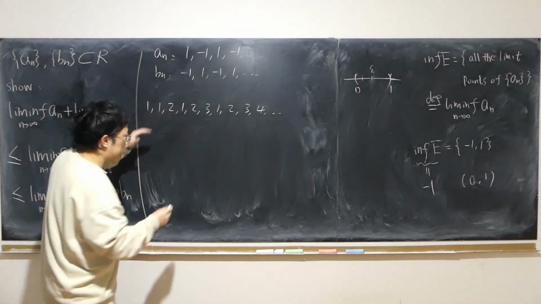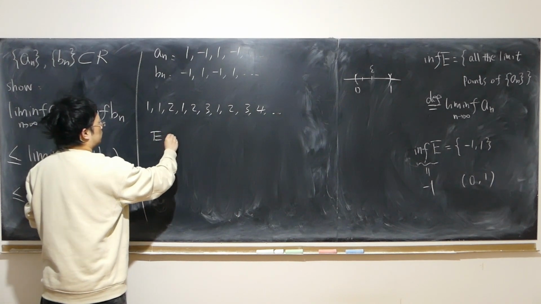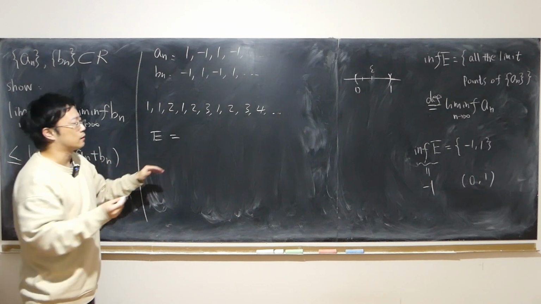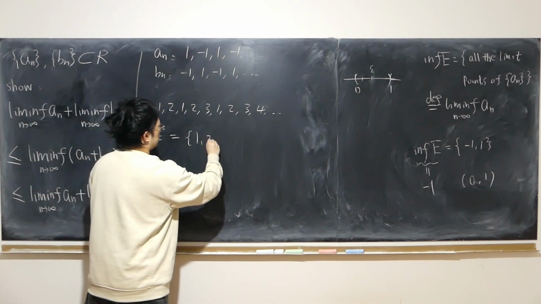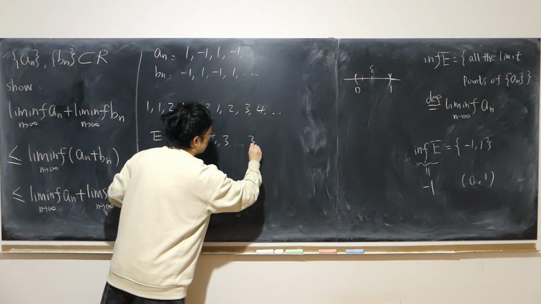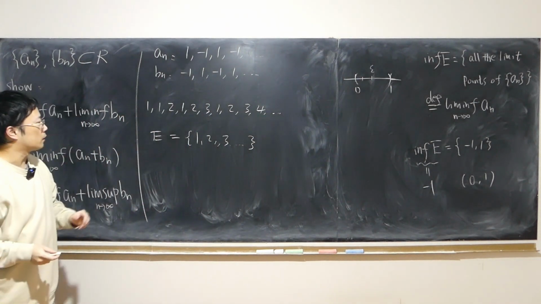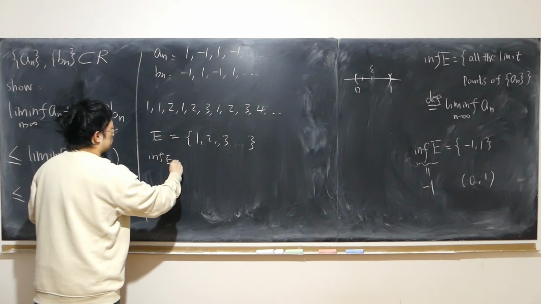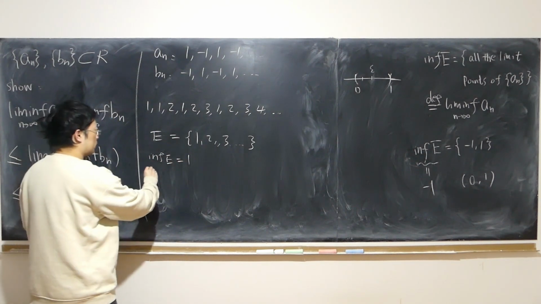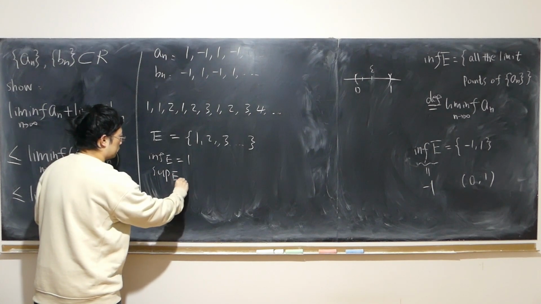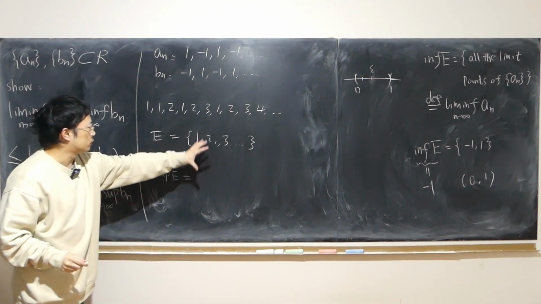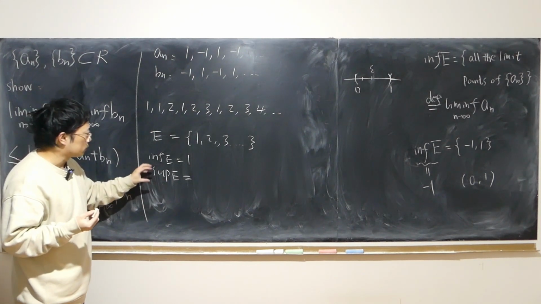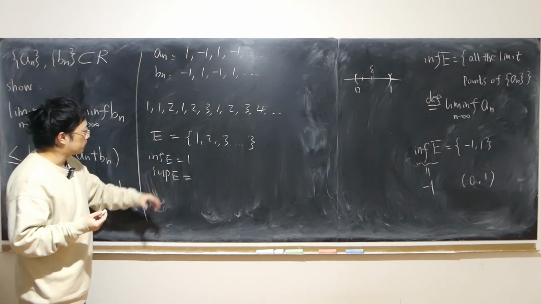Right? So in this case, the set E that contains all the limit points is 1, 2, 3 forever. Right? In this case, what's its infimum? 1. What's its supremum? Right. The supremum of this set, we define it as the limsup of a_n, the limit supremum of a_n.